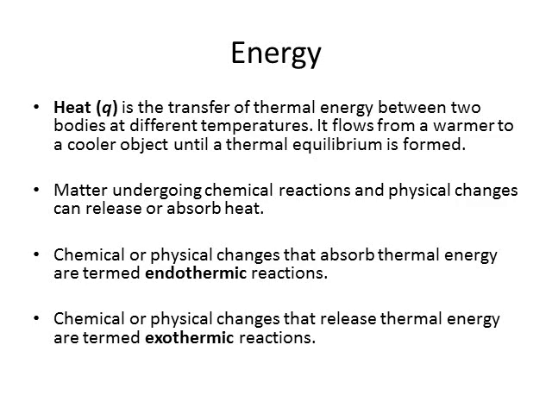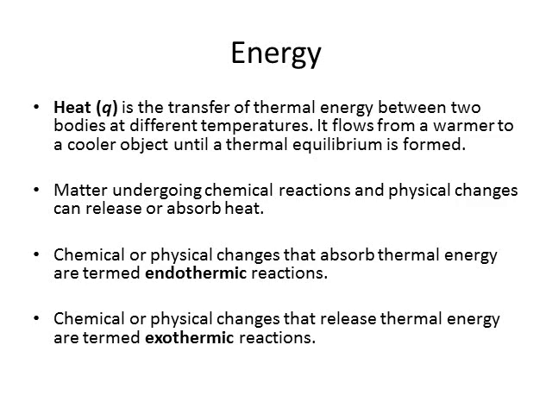Now that we know what thermal energy and temperature are, let's consider heat. Heat is often given the symbol Q, and it is the transfer of thermal energy between two bodies at different temperatures. It flows from a warmer to a cooler object until a thermal equilibrium or balance is formed.